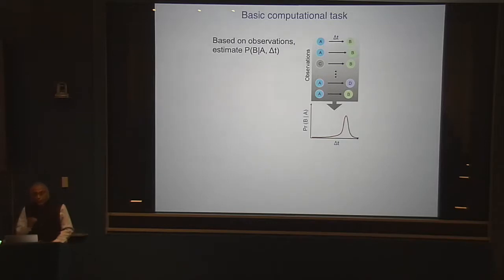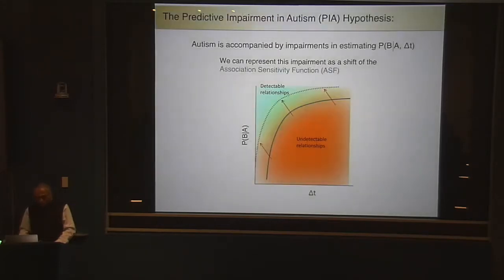If this computation were to be compromised, then it stands to reason that one's performance in these domains would be significantly affected. And that leads us to the hypothesis that John had mentioned. We call it the PIA, or the predictive impairment in autism hypothesis.